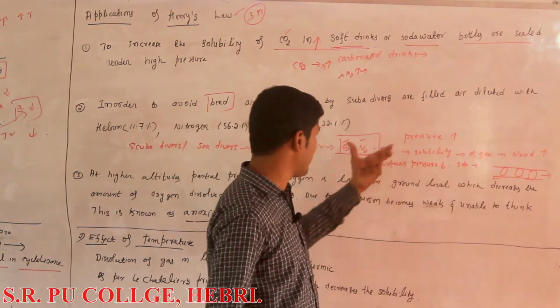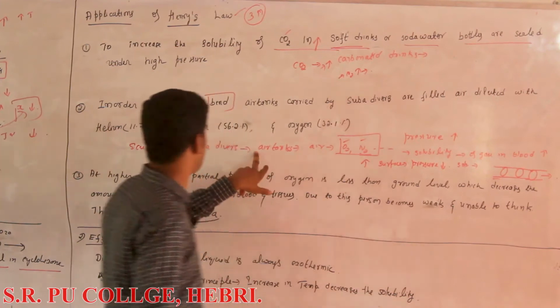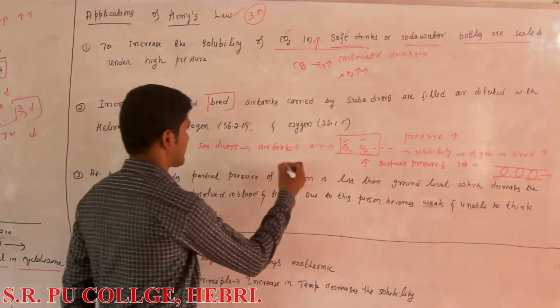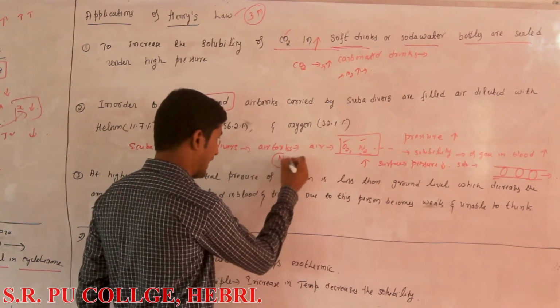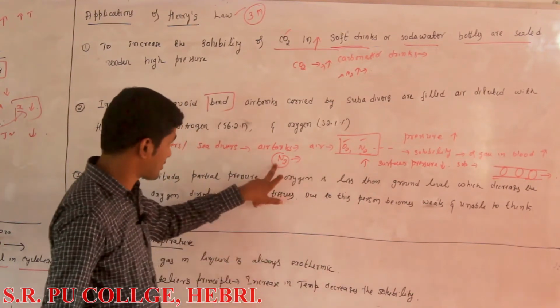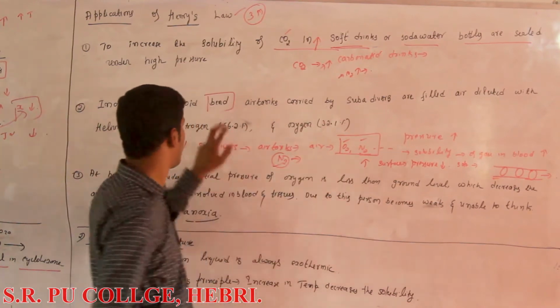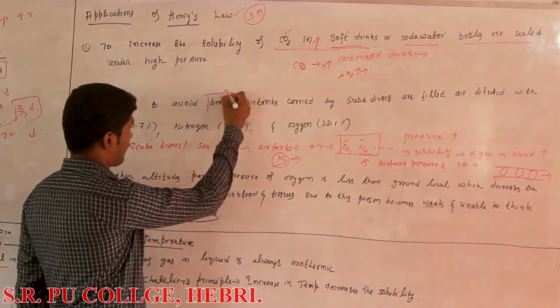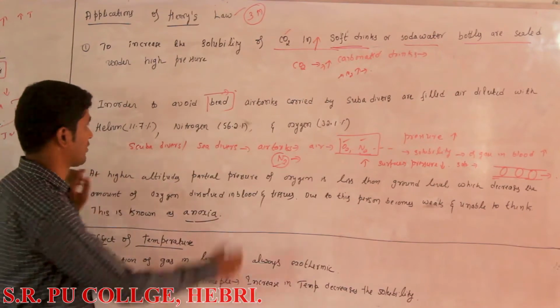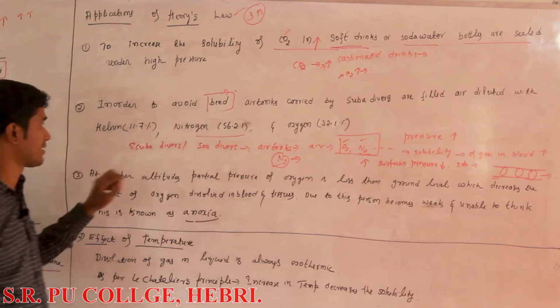In order to avoid this bend, especially the bend is due to the presence of excess nitrogen. Its mole fraction in air is high. Most of the air contains nitrogen gas. So in order to avoid this bend, what we have to do? We have to decrease the mole fraction or concentration of nitrogen in gas.